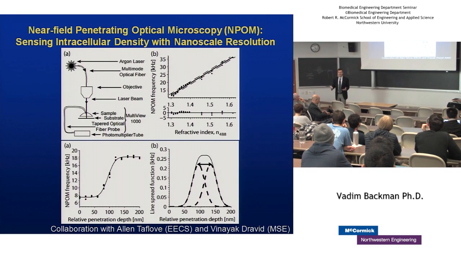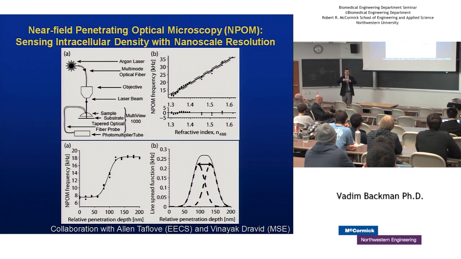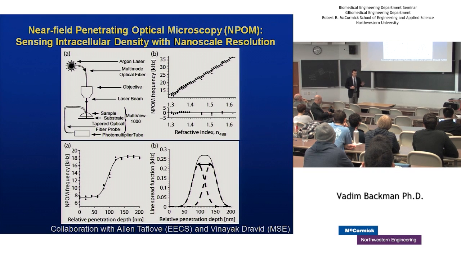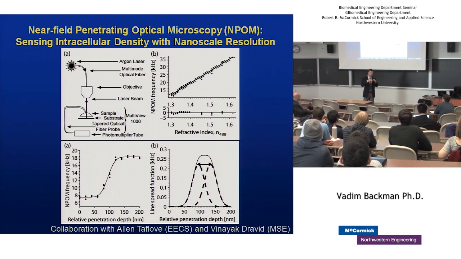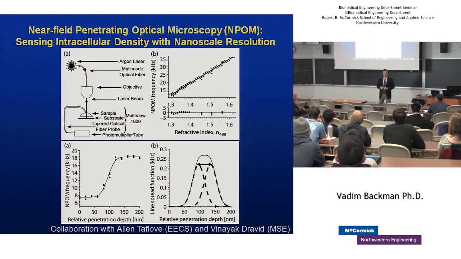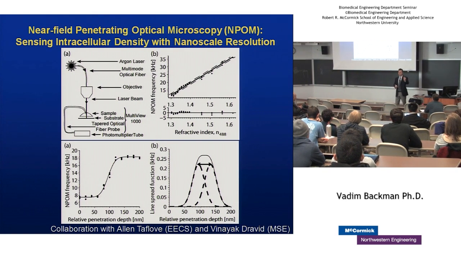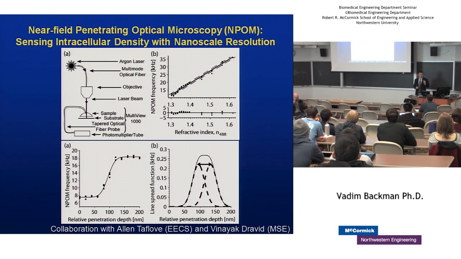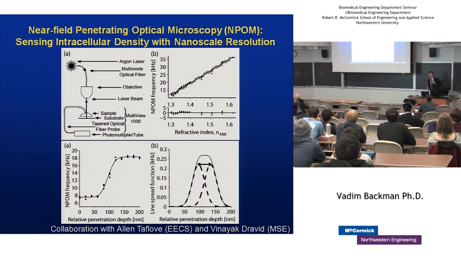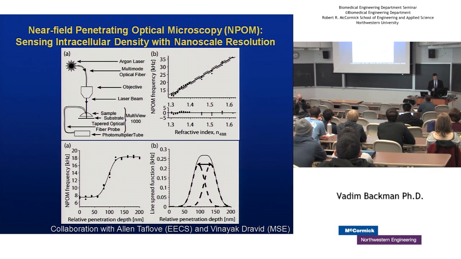And if you remember classical images of NSOMs, these are scans of surfaces. We were able to extend this technique to probe the interior parts of the cell and measure locally the density, molecular or macromolecular density, with a resolution approaching 50 nanometers or even below that.